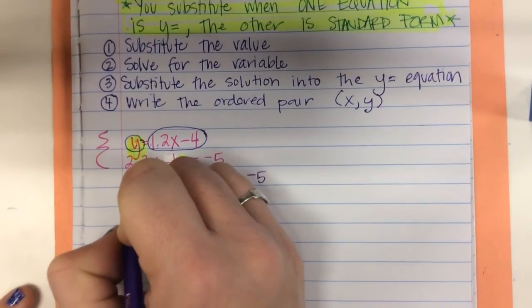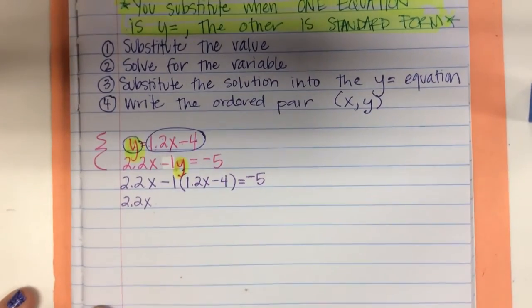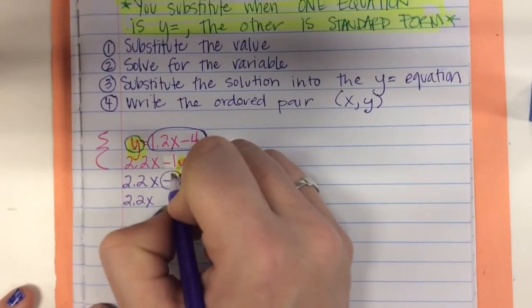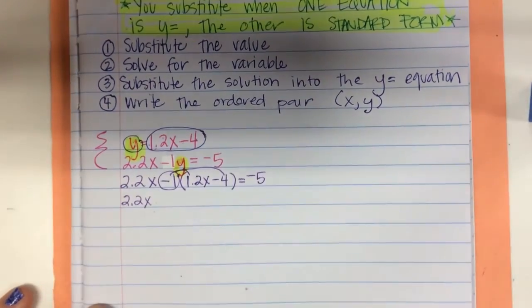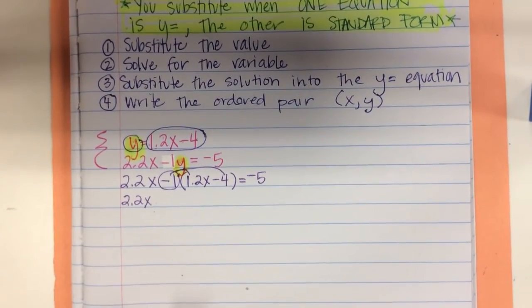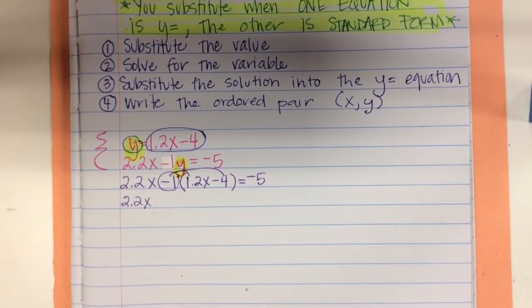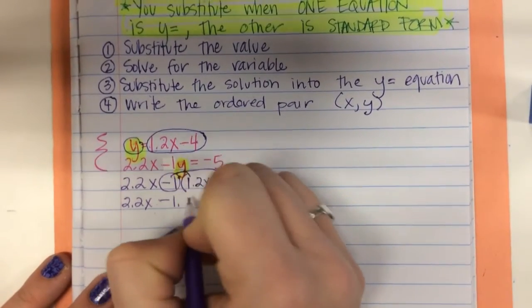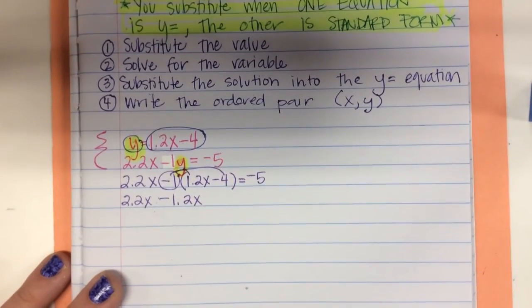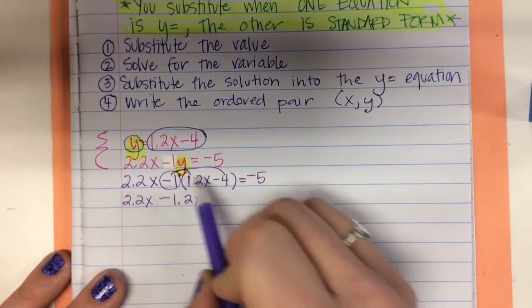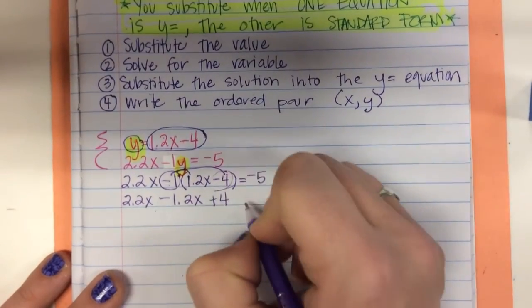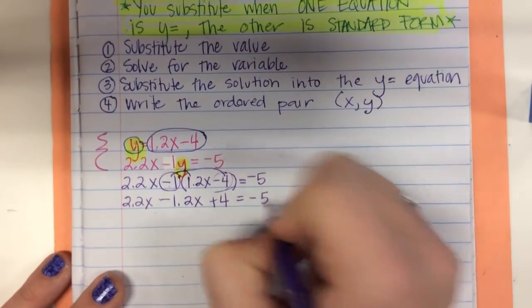Yeah, let's do some algebra. 2.2x, that didn't change. Negative 1 gets distributed. What's negative 1 times 1.2? Negative 1.2x. What's negative 1 times negative 4? Positive 4 equals negative 5.